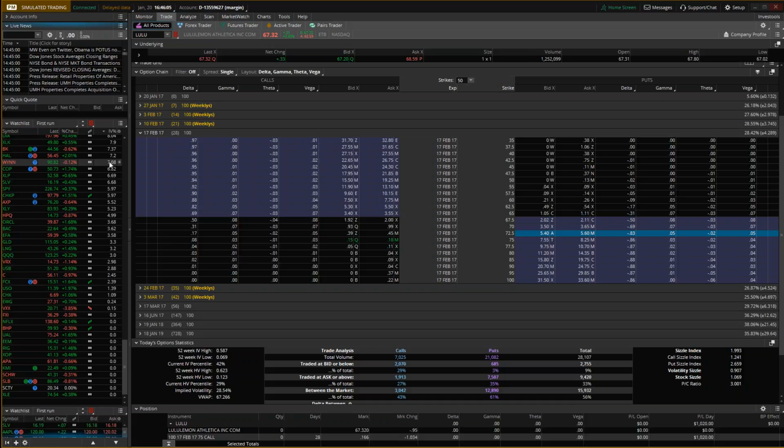So if the IV expands on me and I bought that premium, then I can be directionally wrong and still make money on it, or at least not lose a whole lot. So that's the time that I'm going to be buying options premium.